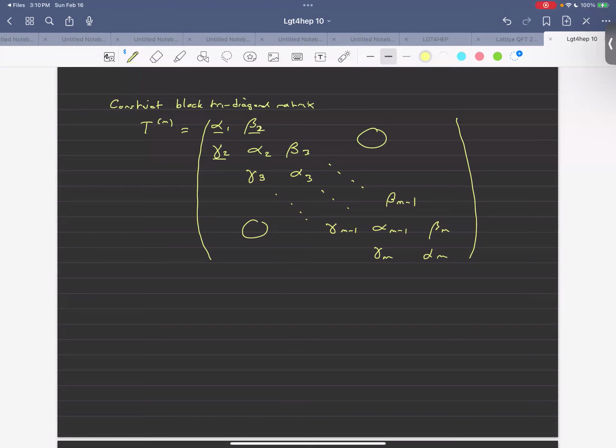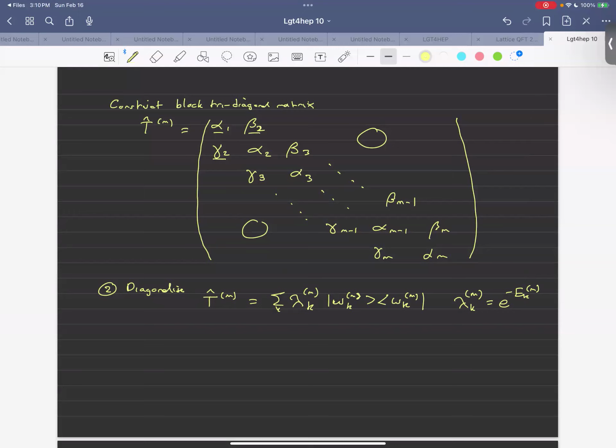So in step 2, we diagonalize T_m as a sum over k of lambda_k^(m), and these lambda_k^(m) are e to the minus E_k^(m).